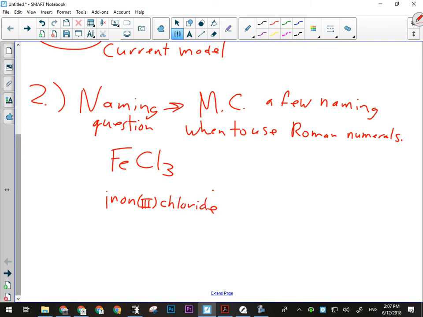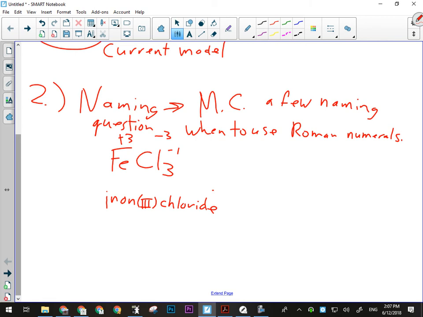And I know that it's the 3 because chlorine's -1, and all compounds have a net charge of 0. So there's 3 negatives here. That means this has to be +3. So I write Roman numeral 3 in the name. Again, that only applies to metals that have more than one possible charge.